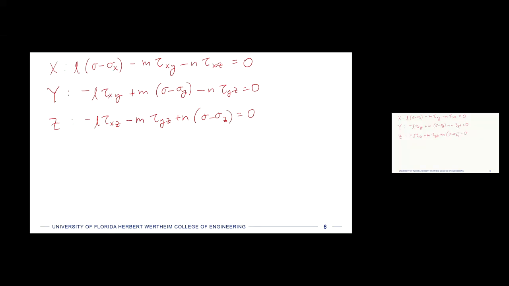So we have these three equations, and they all have the same variables in them, which is our stresses. And unfortunately, they all have L, M, and N in them. So they are not independent.